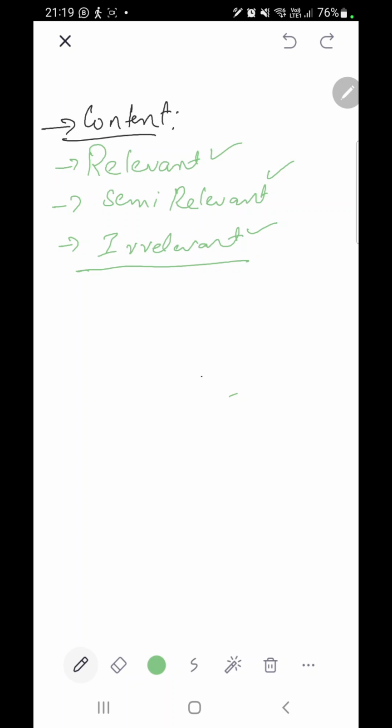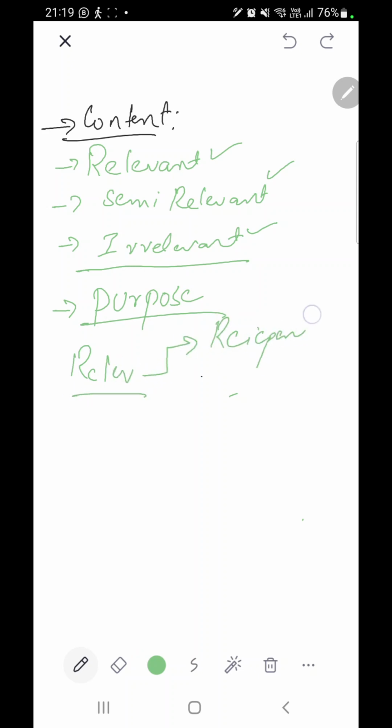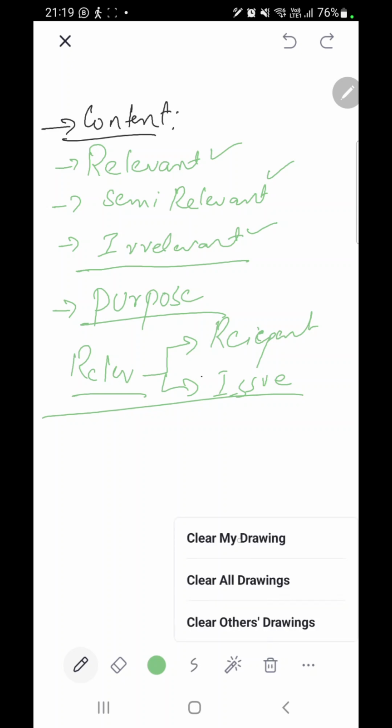According to that, we see how we would consider something as relevant, semi-relevant, or irrelevant. Again, it's related to your purpose of writing. So relevant with reference to recipient and issue, you have to select that. Similarly, irrelevant with reference to recipient and issue. Now, semi-relevant can be relevant to the recipient but not to the issue, or might be relevant in second degree but not in first degree.